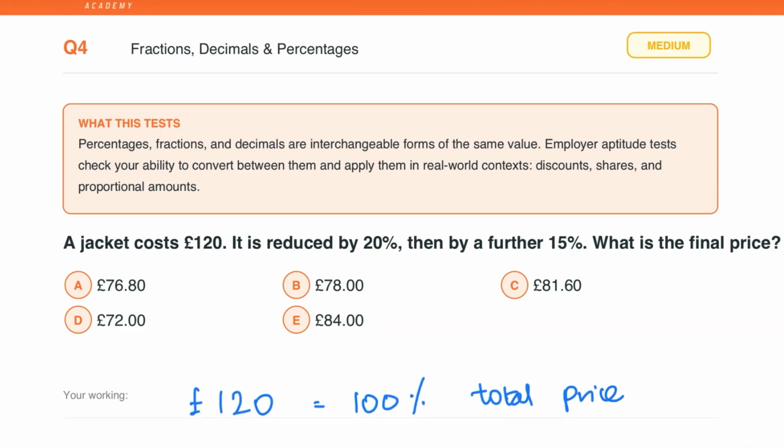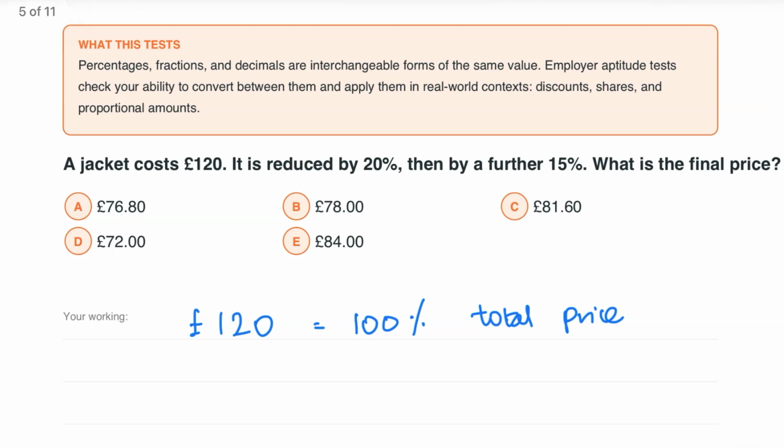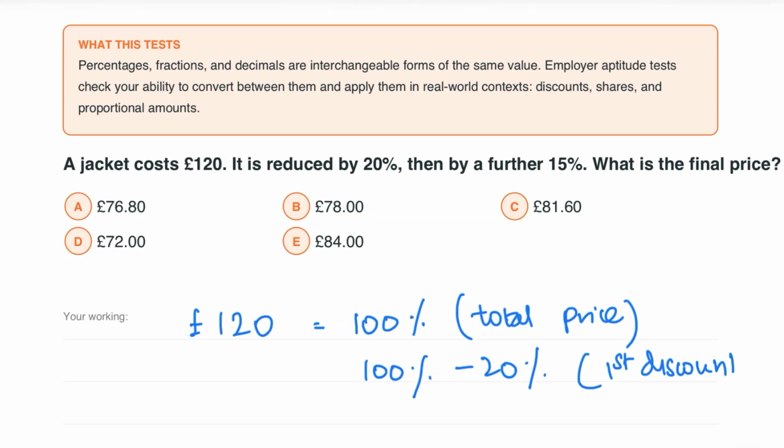Now, after the first discount, you will have 100% minus 20%. Am I correct? Yes. You will have some value here, we'll say x. X equals 100% minus 20%, which will be 80% of 120.